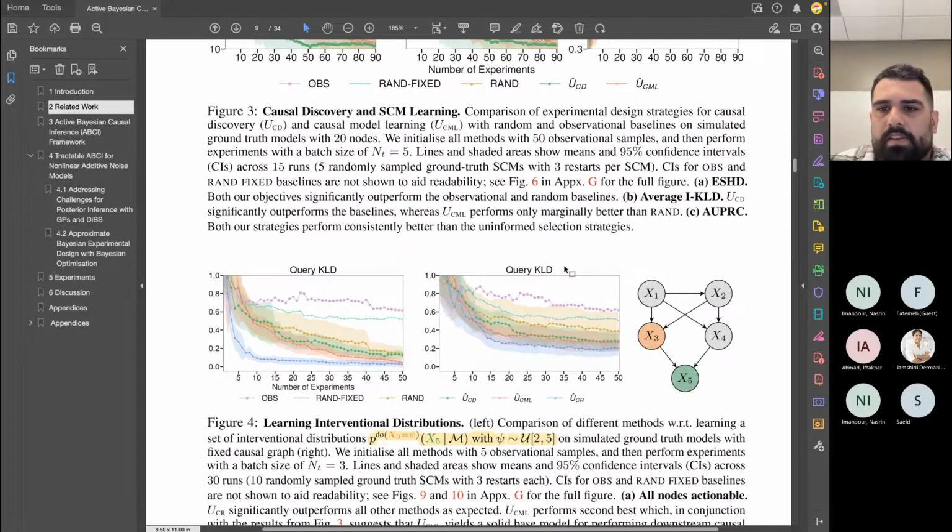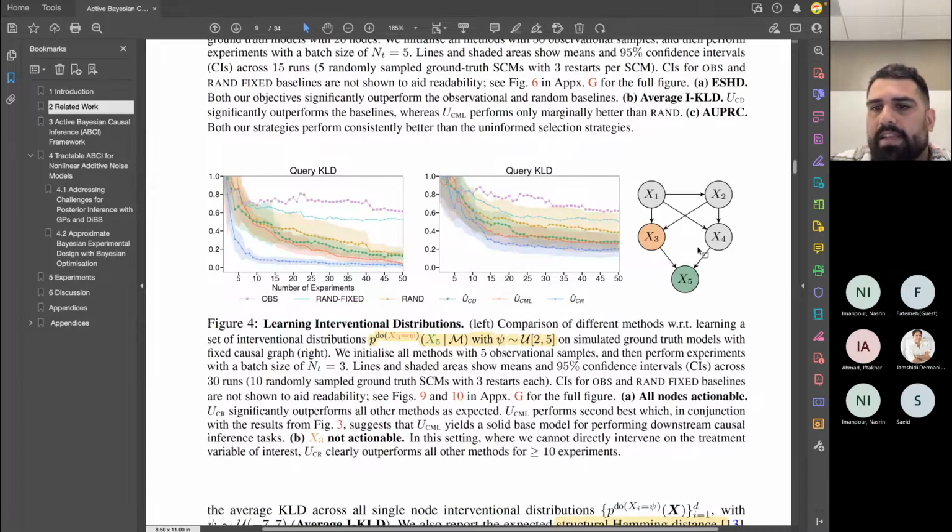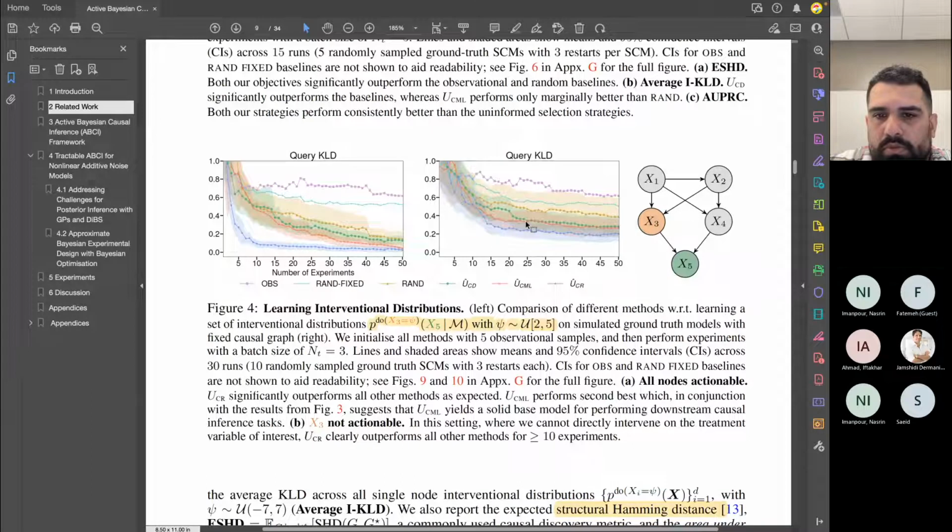In the second type of experiment they performed, they had a known causal graph, and there are two sections to it. On the left side, they were able to perform interventions on all of the nodes. On the right side, they were able to perform experiments on all the nodes with the exception of X3, and they compared the outputs of different utility functions.